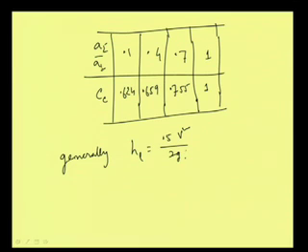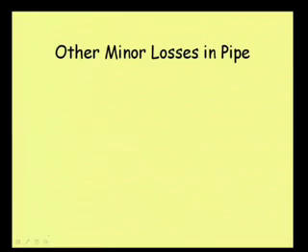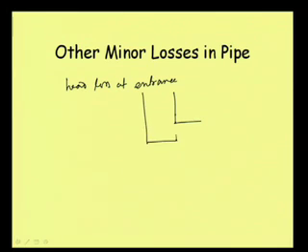Well, similarly, now when we talk about head loss at entrance, if the entrance point is like that, a sharp edge, water will be entering like this and then flowing here, and this can be considered as 0.5 V square by twice g.